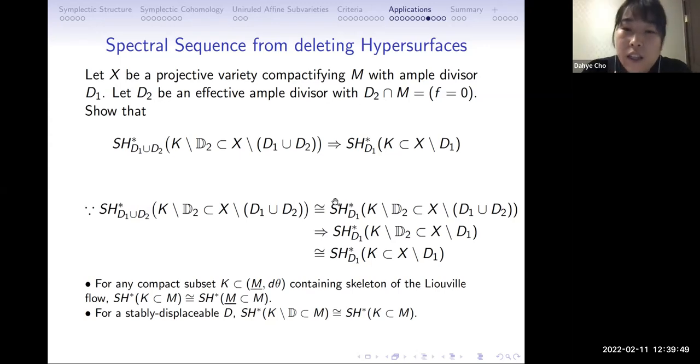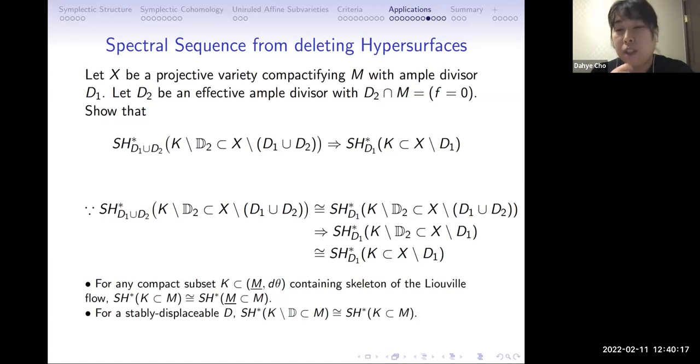And then for this relative symplectic cohomology, we use the filtration on the symplectic cochain complex, a filtration by winding number along D2.